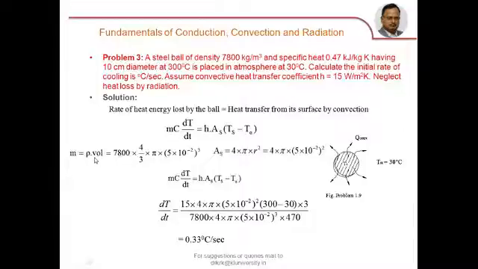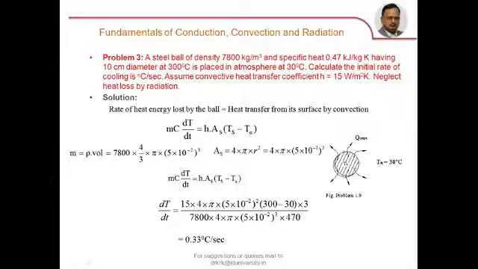Mass is density into volume, and the surface area of the sphere is 4 pi r square. By substituting the different parameters, you will get the change in temperature with respect to time, dT by dt, as 0.33 degrees centigrade per second. Note that this rate of cooling is only in the initial condition, the starting.